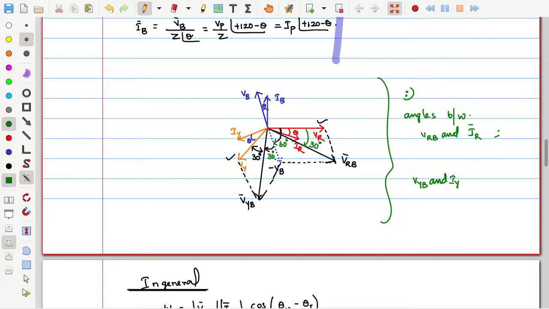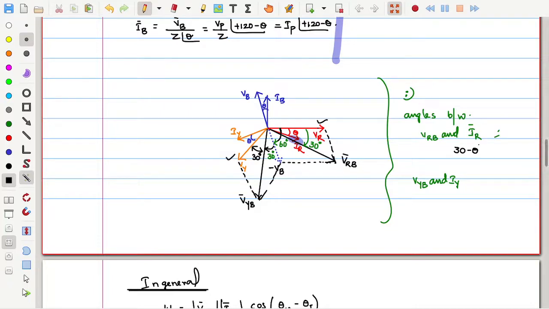Tell me how much is the angle between VRB and IR? VRB is here, IR is here. IR is making an angle of theta, but VR is making an angle of 30 degrees. So 30 minus theta is what is between this. Observe very carefully here. This gap is the angle between IR and VRB. How much is that gap? 30 minus theta. This is a very important concept.